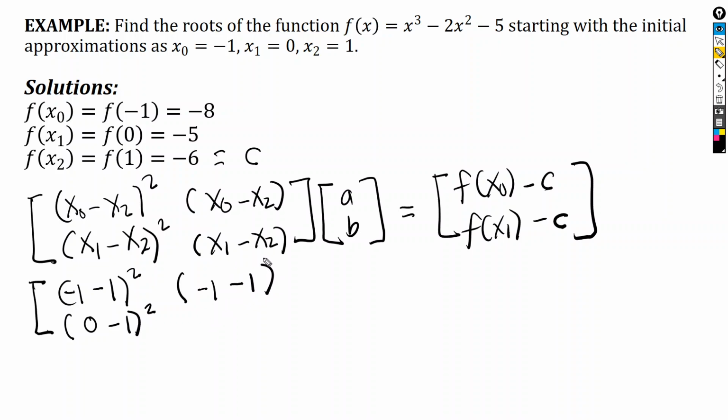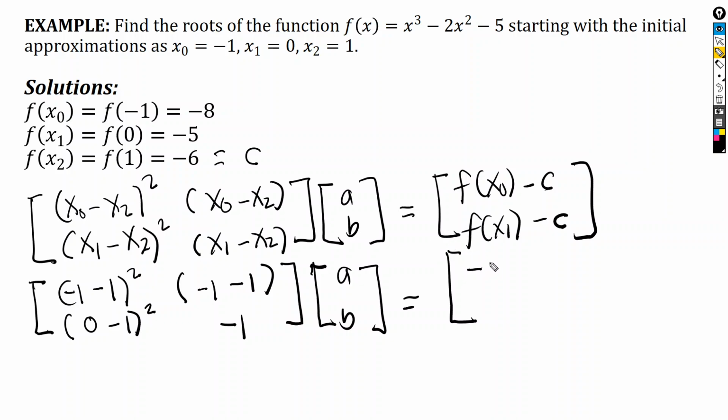Then we have x1 minus x2, 0 minus 1, that is negative 1. Then again, copy A, B equal to f of x0, which is negative 8, and c, which we set as f of x2, so negative 8 minus minus 6. Then f of x1, that is negative 5 minus minus 6.